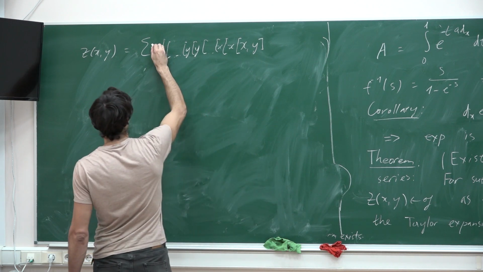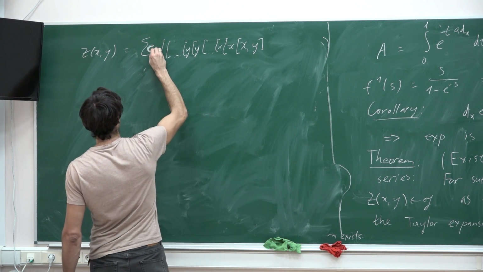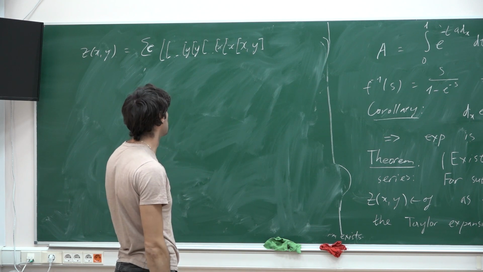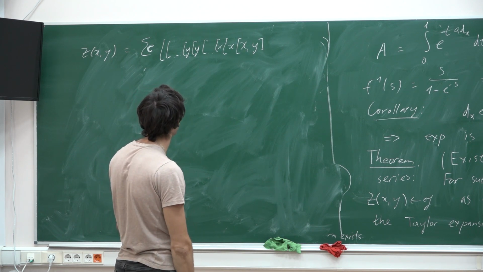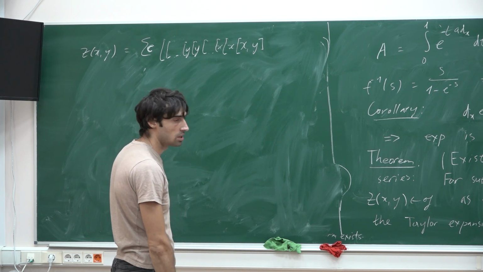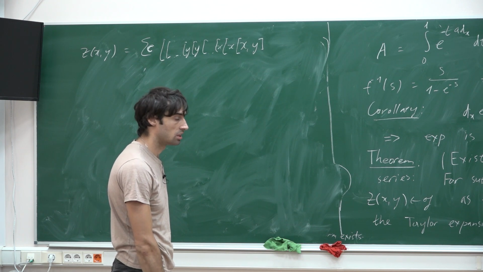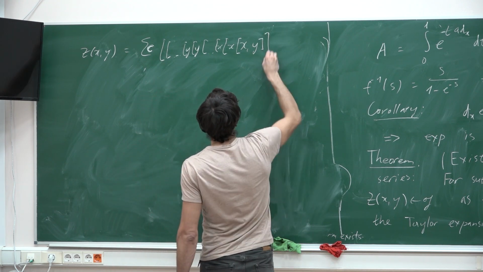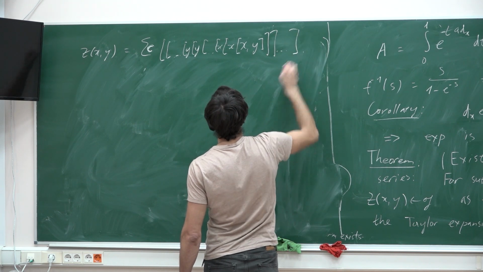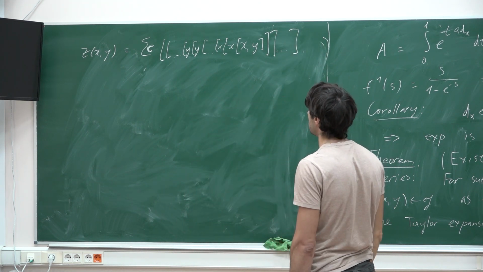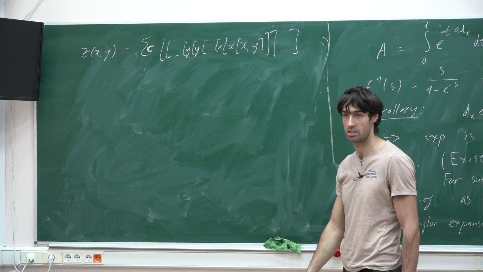And then maybe it has some coefficient, which is just a complex number, or a real number if we have a real Lie algebra. And I need to close it here. So this is by definition what a Lie series is.